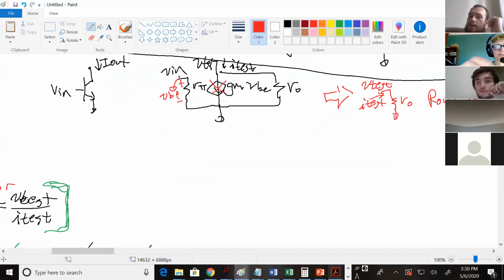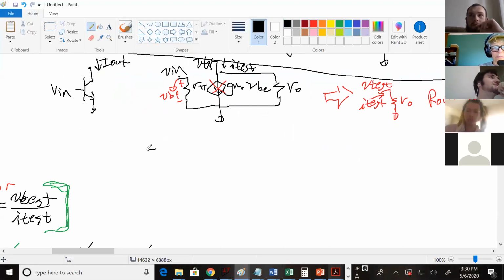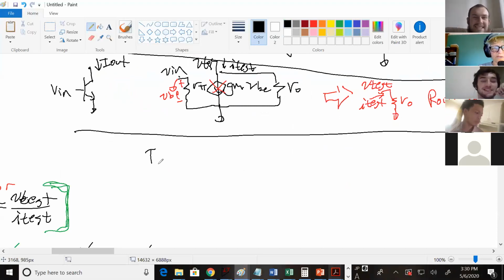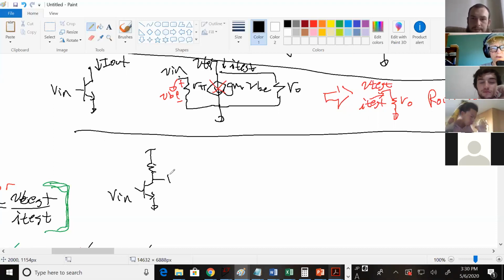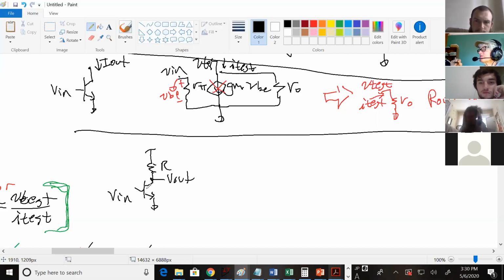Okay, ready for try number 3 here? So we had kind of 2 levels of common emitter amplifiers. We had this one, and it's common emitter with passive load. And the way this thing works is your bottom transistor generates current, and you throw it across the resistor to convert the current to a voltage out.